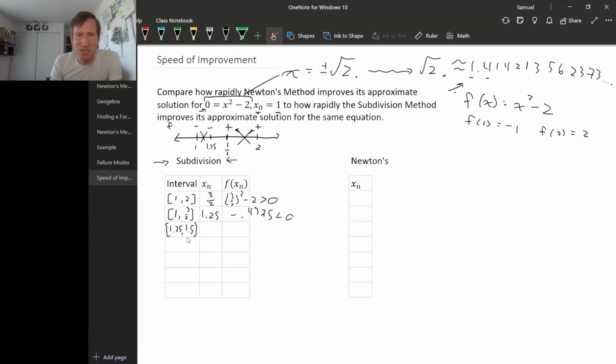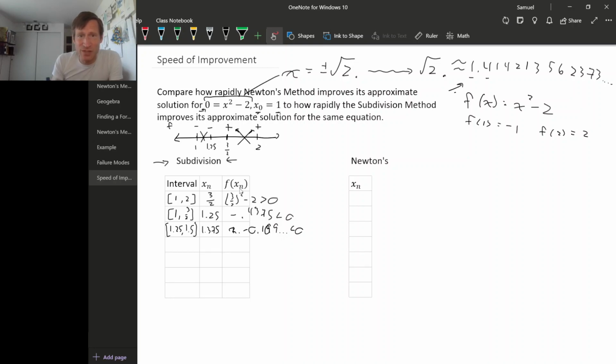Okay, so now we take the midpoint of these two, which is 1.375, I guess. Is that right? I think that's right, 1.375. And evaluate the function at this x value. So 1.375, square that, subtract 2, and we get negative 0.109 and change.